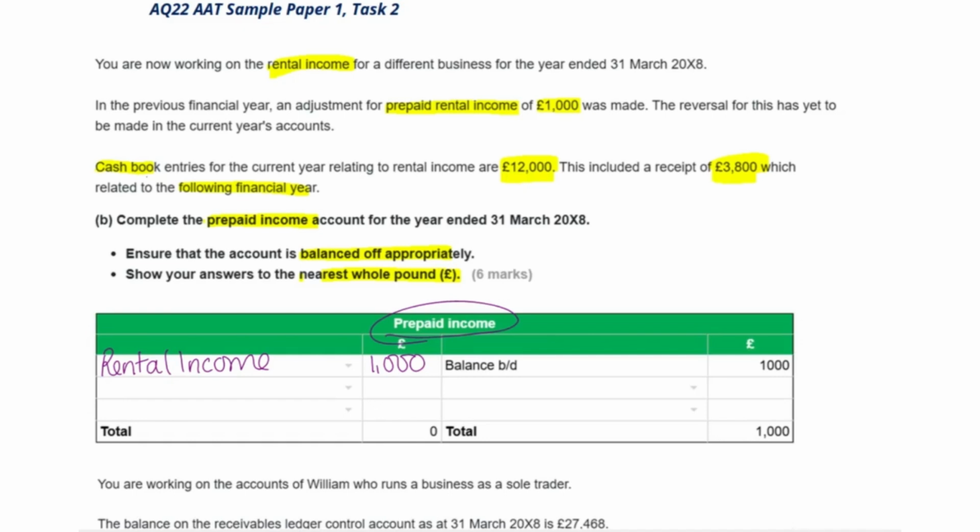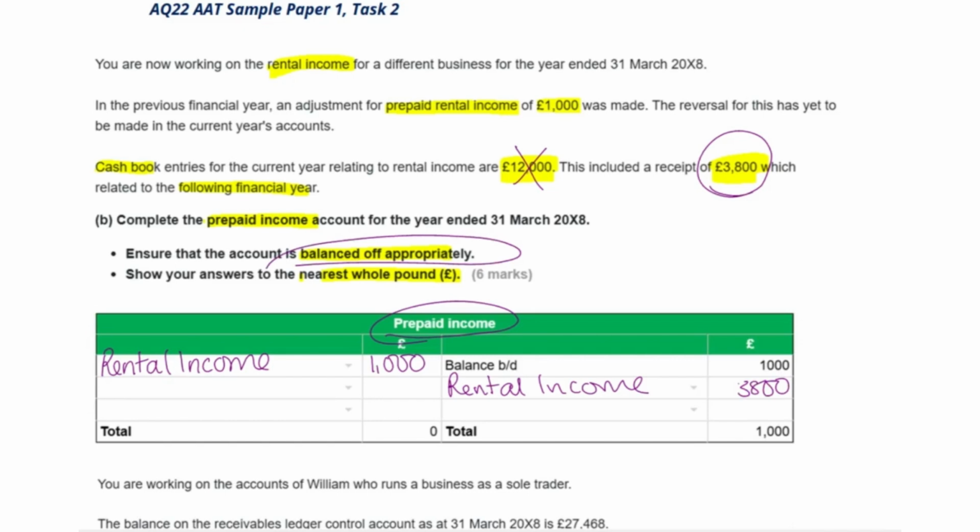Now the cash book entries for 12,000 don't apply to the prepaid income account. They would go into your rental income account. But what we do need to deal with is this 3,800 that relates to the following financial year. So we need to prepay that. So what would happen is we would debit our rental income account and we will credit our prepaid income. Now remember, we need to balance it off appropriately.